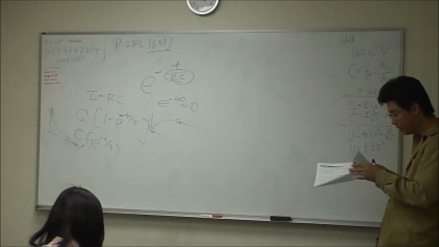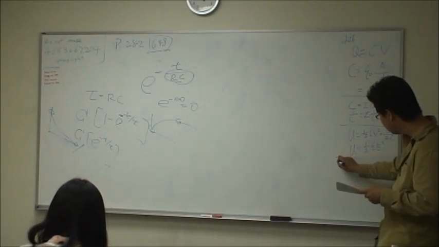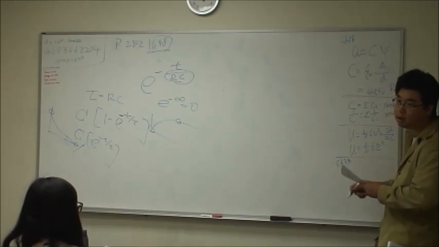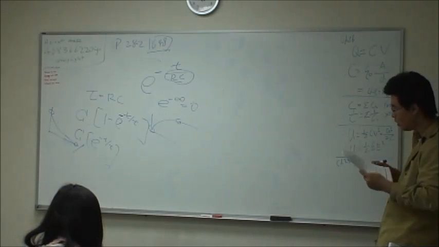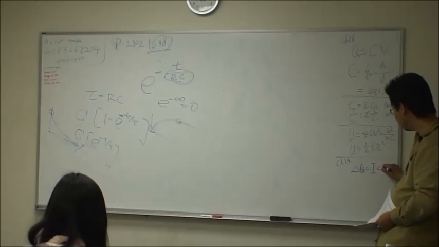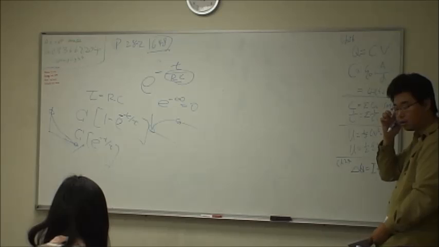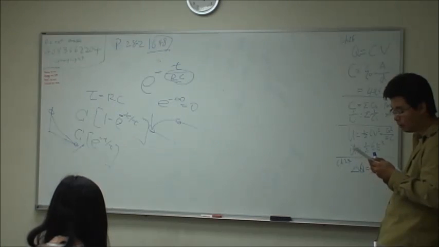Let's turn to page 27. The first thing is delta Q, the change of charge over time, which is current. The current is the amount of charge you put in per unit time.